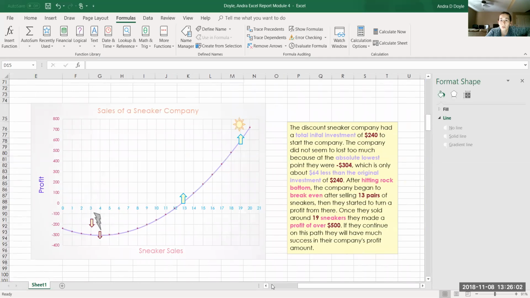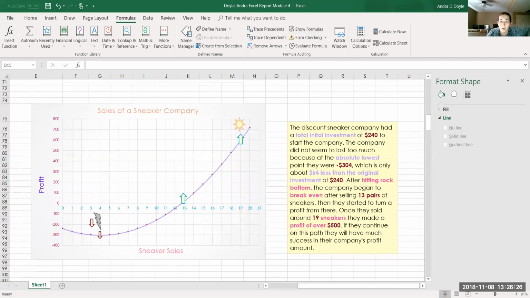The total initial investment was $240, so they started out at negative $240. And they didn't seem to lose too much, because at the absolute lowest point, they were only down to negative $304, which is about 64 less than their original investment of 240.